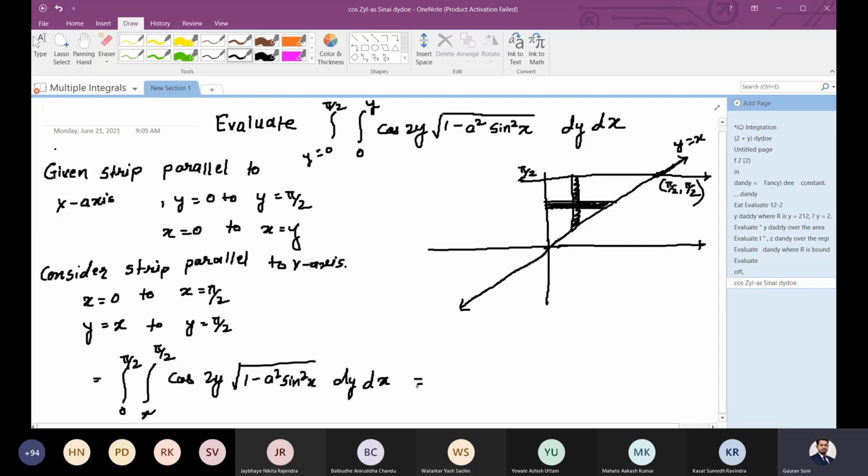So the first integration is going to be with respect to y. So this under root 1 minus a square sin square x will become constant. So 0 to pi by 2 under root 1 minus a square sin square x. The integration of cos 2y is sin 2y by 2 from x to pi by 2.